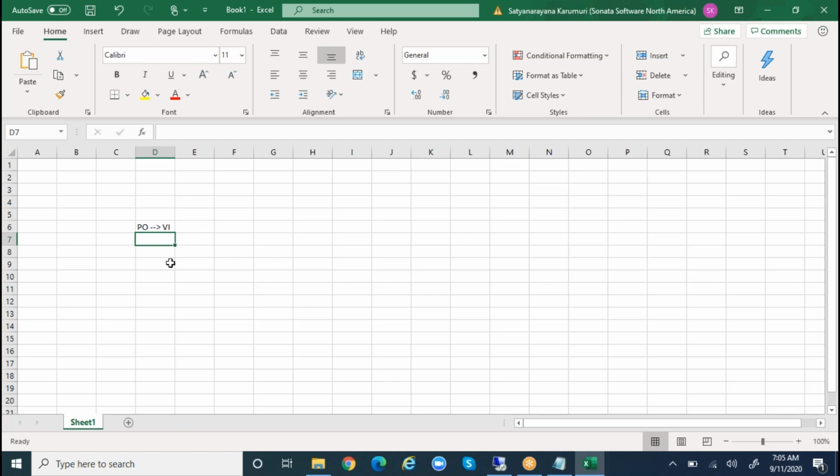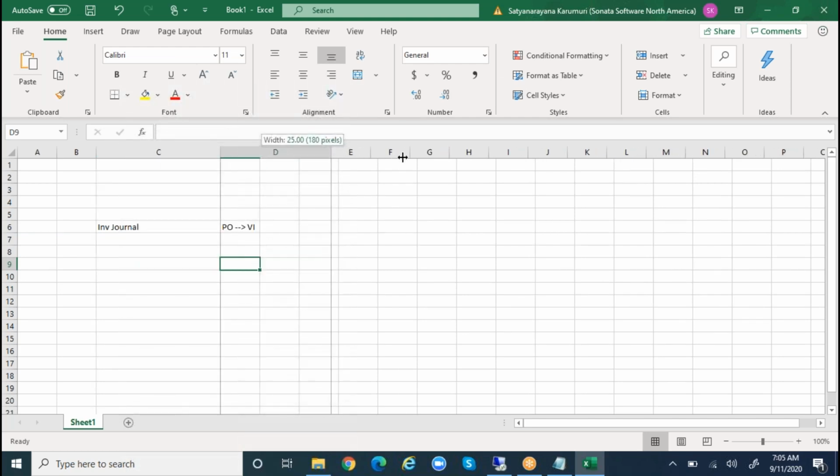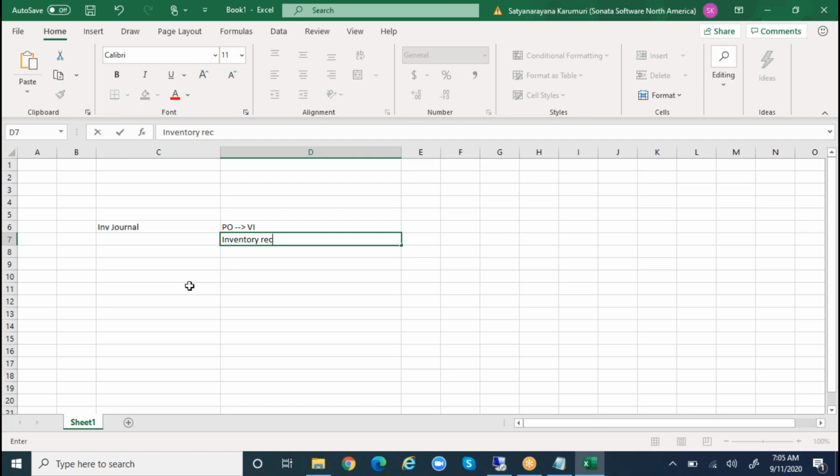If it is purchase order to vendor invoice, if it is expense invoice journal, any guess? It's not a guess, I have explained this one. Debit Inventory receipt account, credit vendor account.